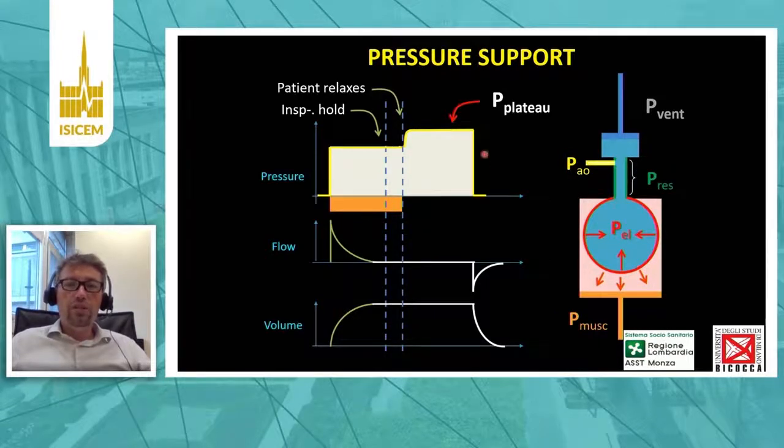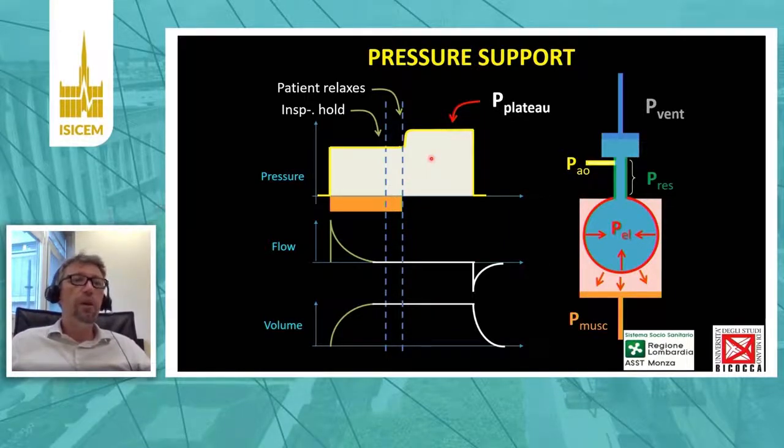So once your patient starts the effort and you push the inspiratory hold button, the patient relaxes and you will see a pressure on your ventilator screen, which is the plateau and which depends only on the tidal volume and the compliance.